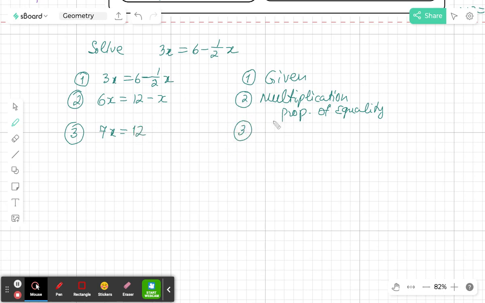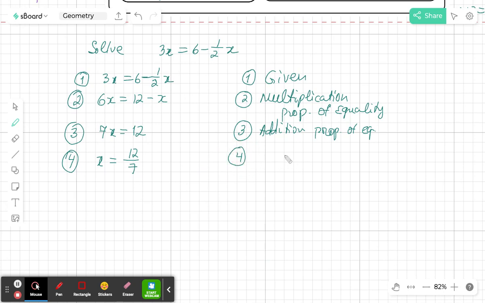So what did we do? We added x. If we added x, then it is the addition property of equality. I'm abbreviating here, equality. And then step number 4, I can say that x equals 12 over 7.